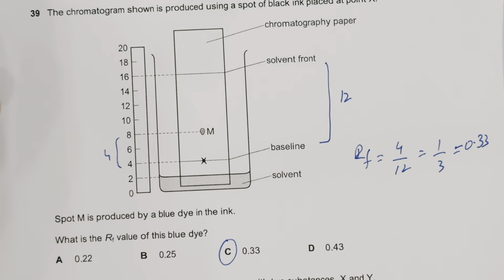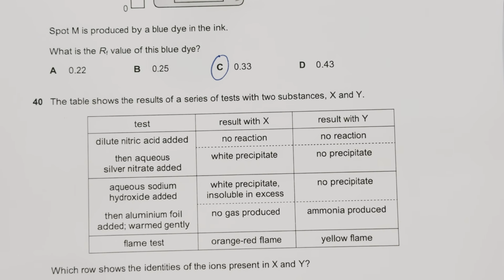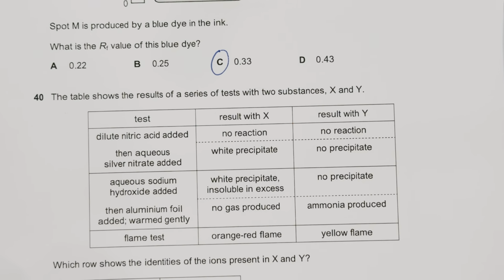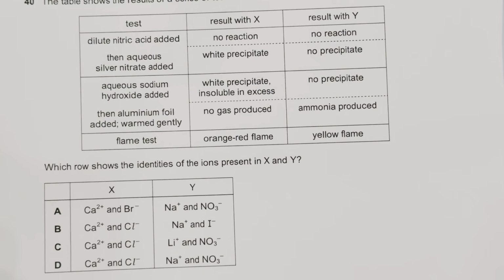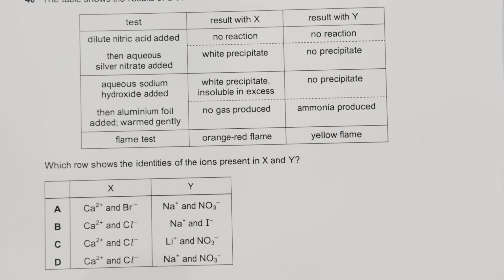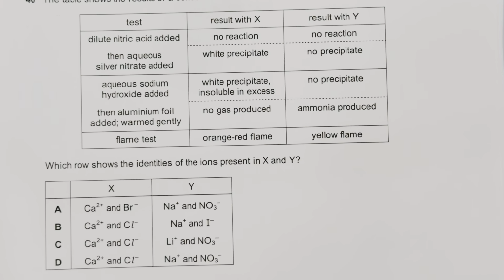Question number 40. The table shows the results of a series of tests with two substances X and Y. Okay, now you can see the options. Test one, there are the results with X and results with Y, and the result with X will produce calcium and chloride ions.